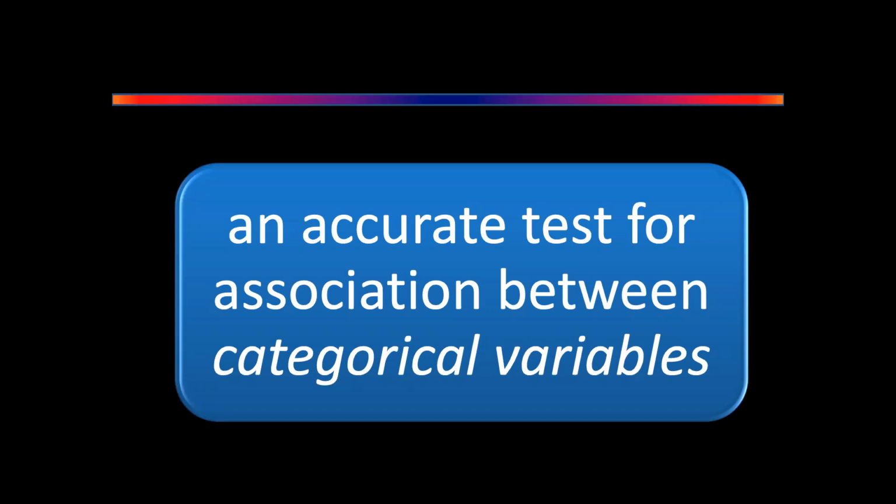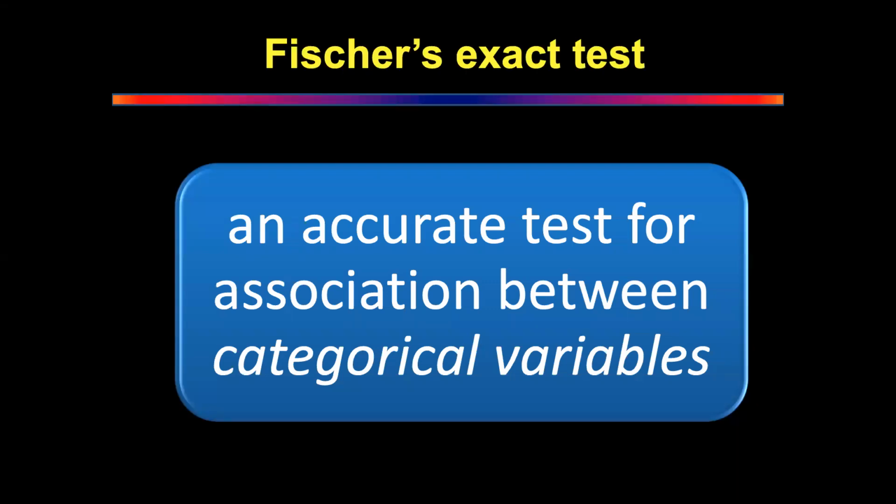What is this test called? Usually used for small samples. When the sample is less than 10, usually you use this test. Okay. Done. Fisher's exact test. Okay, that's what it's called as.